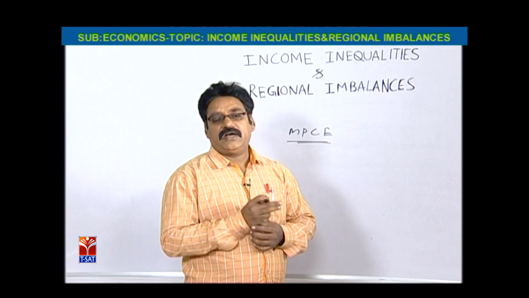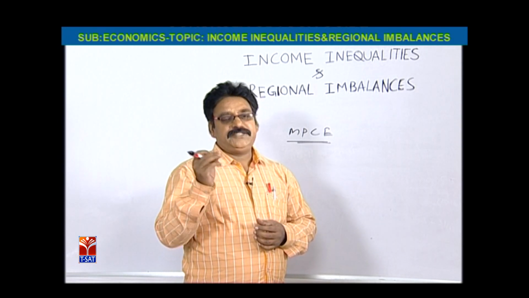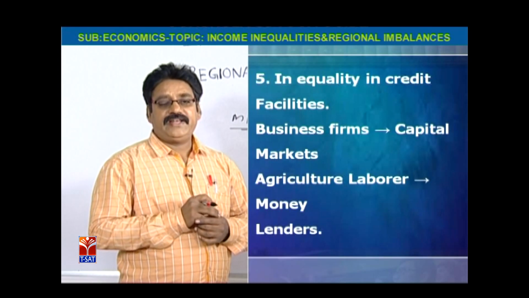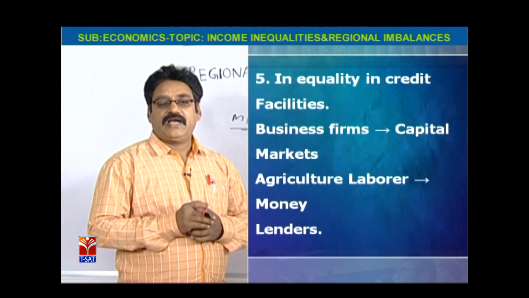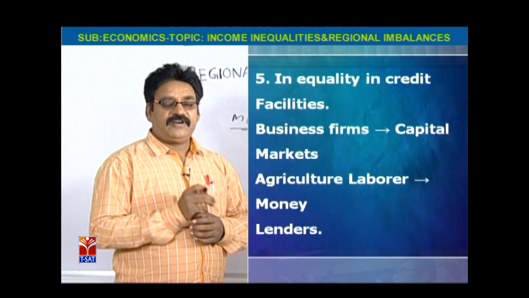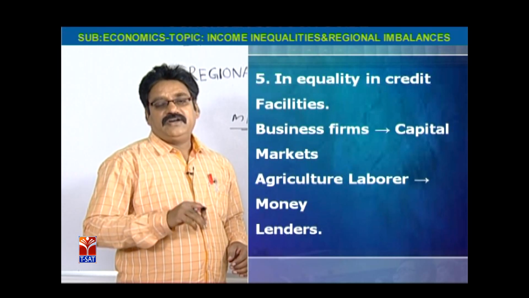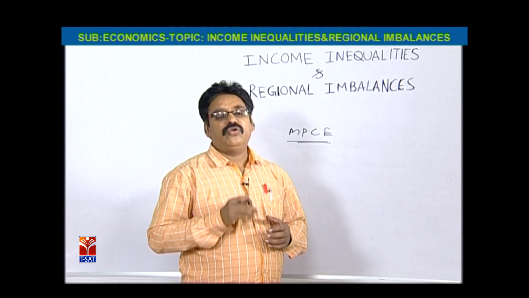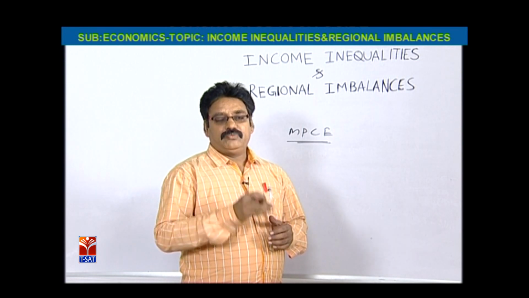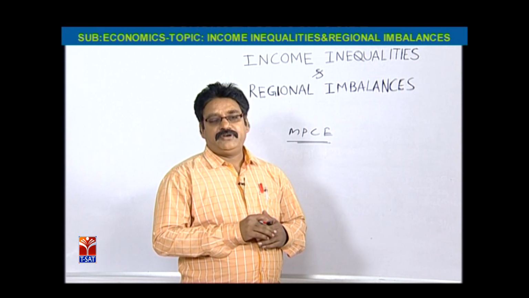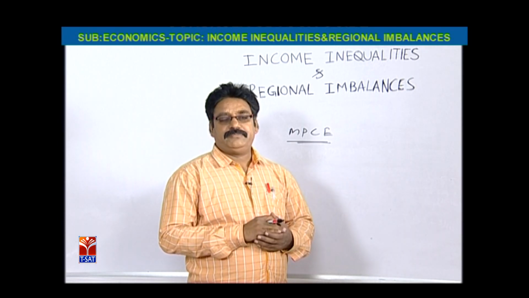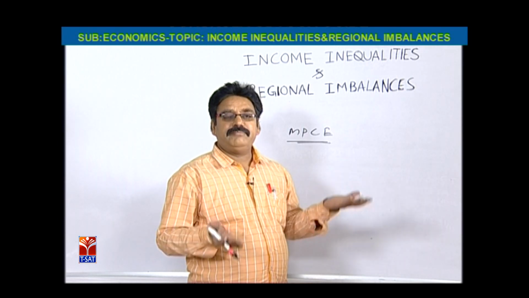They can avail loans at a cheaper rate of interest, whereas agricultural laborers, small farmers and marginal farmers move to moneylenders, paying more interest. That leads to poverty for the agriculture people and richness for the business people. This also causes income inequalities.